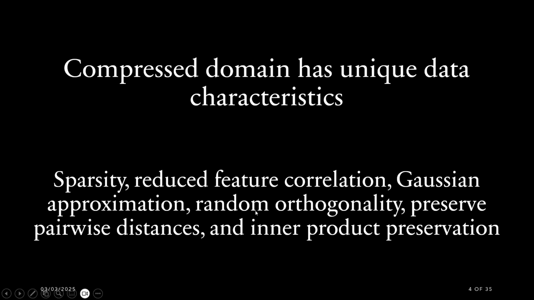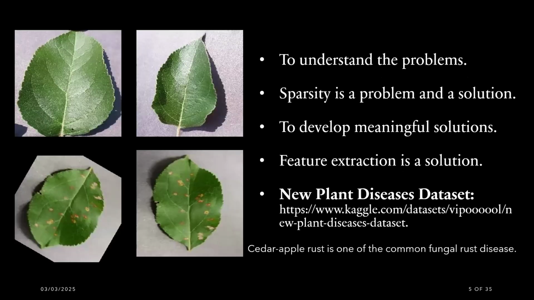And random orthogonality: because of the compressed domain, you may have different versions of compressed data from the same data set, and each set could be orthogonal to the others. The other one is the preservation of pairwise distances between the feature vectors, and also inner product preservation, which could help the Hilbert space analysis.